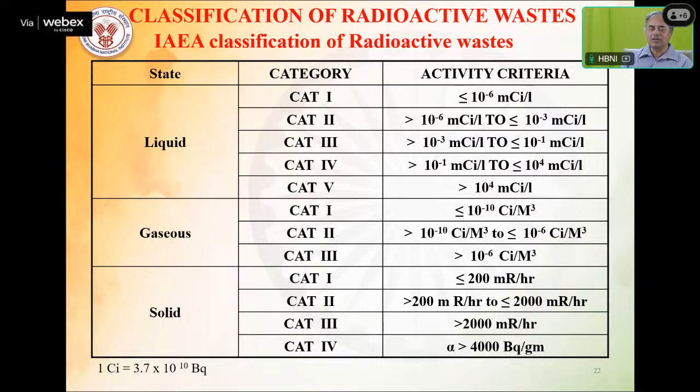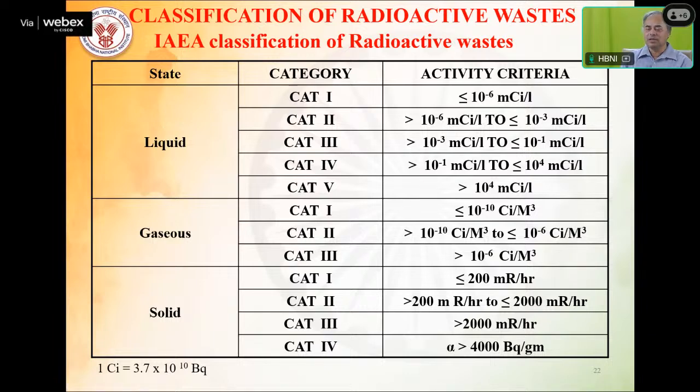When the category increases, its activity is increasing. The very low level liquid waste, say category 1, will contain activity as low as less than 10 to the power minus 6 millicurie per liter.